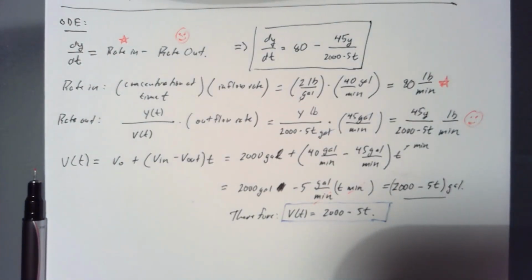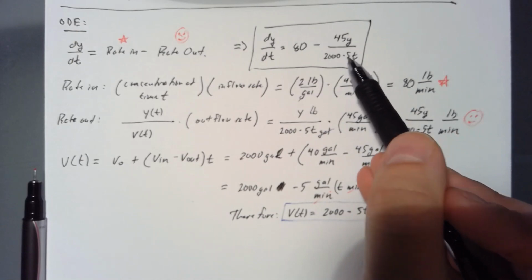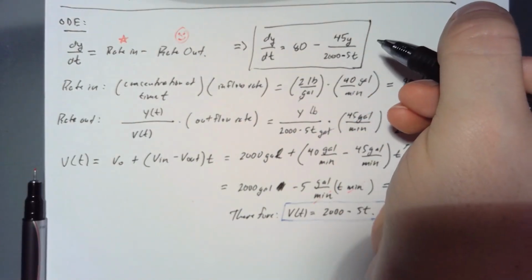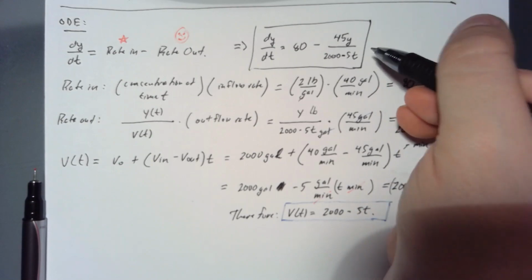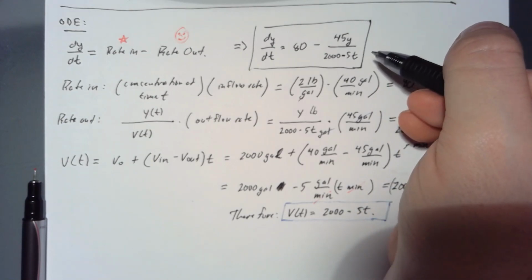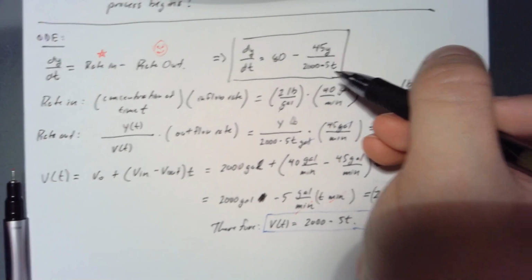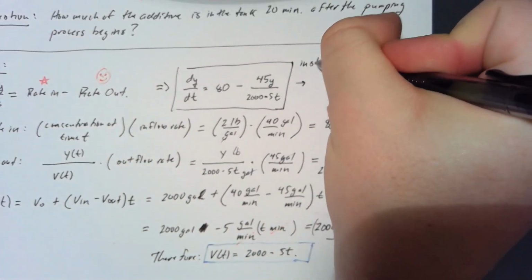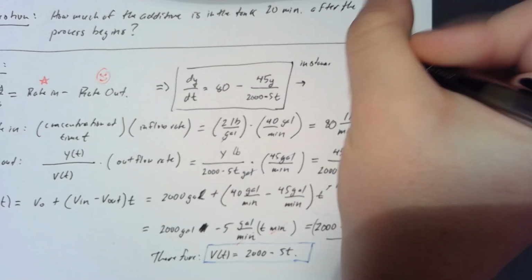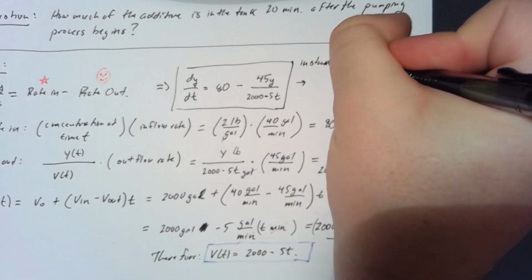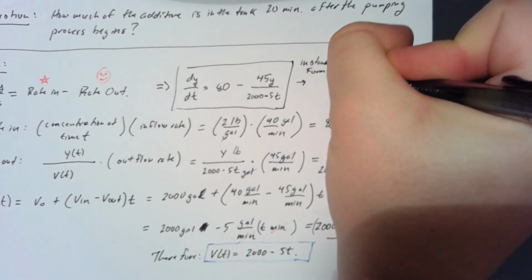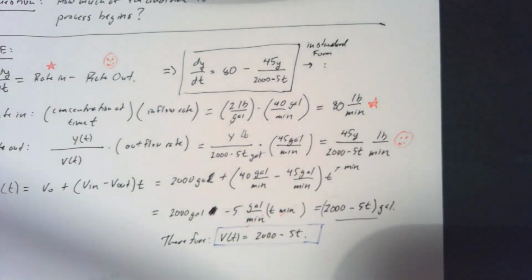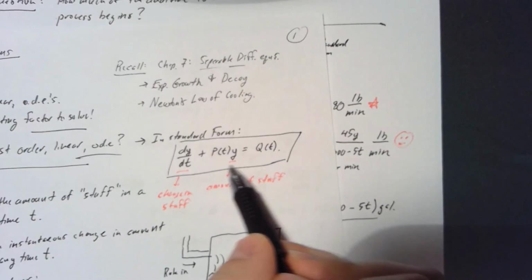It may not look like it, but this is a first order linear differential equation. It's not written in standard form. But how do I write it in standard form? Remember, it's a standard form, right?